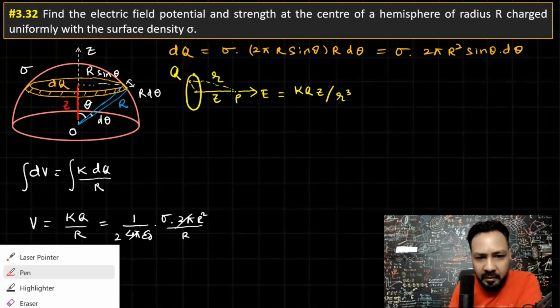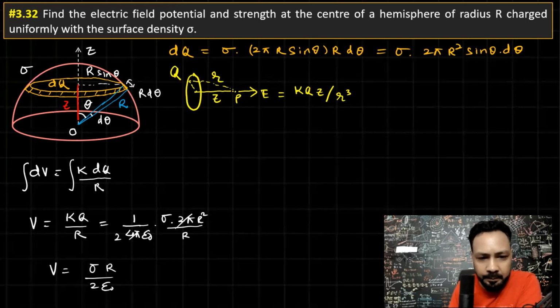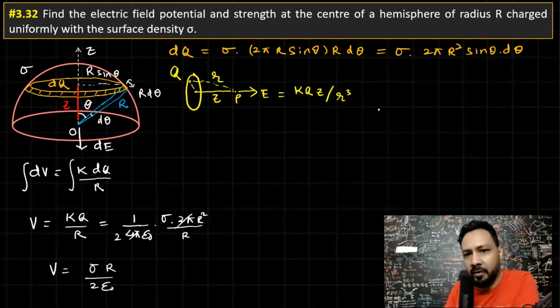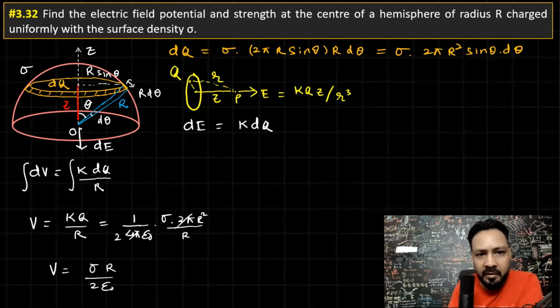So if I draw the electric field line here, because of this element, the electric field would be like this, dE. And now the magnitude of dE would be K dq, the distance of the center of the ring to that point, that is z, divided by the distance of any point of the periphery to this point, that is r cube.